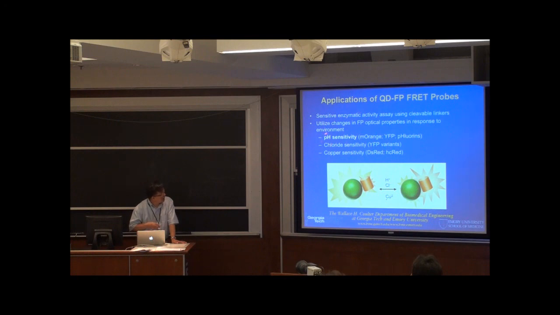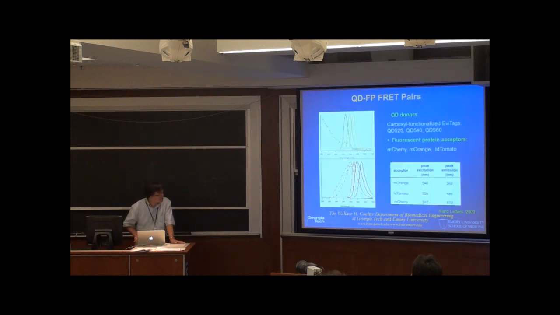The second application we explored is to use the pH sensitivity of specific fluorescent proteins, combining that with quantum dots to have a probe for quantifying intracellular pH. So let me just focus on the second application.